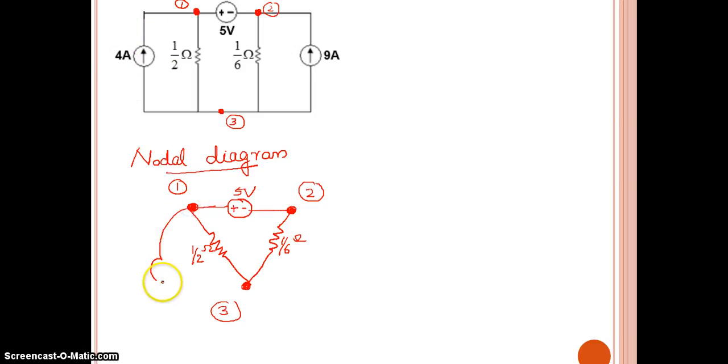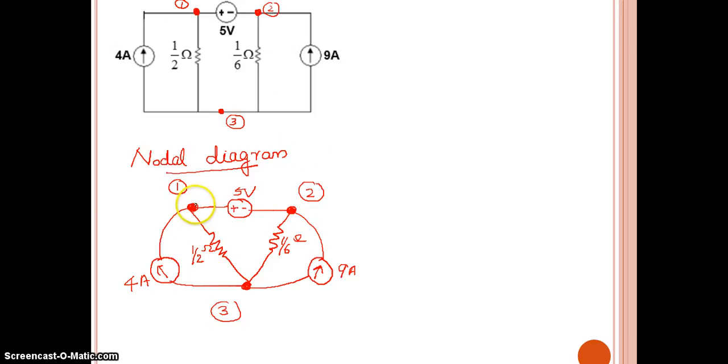The direction of the current source is upward, it is 4 ampere. Between 2 and 3, you have a 9 ampere current source. The direction of the current source is again upward. So this is our nodal diagram for this circuit.